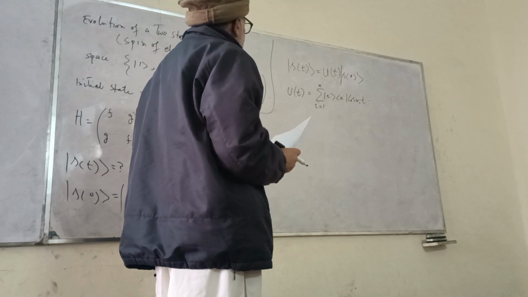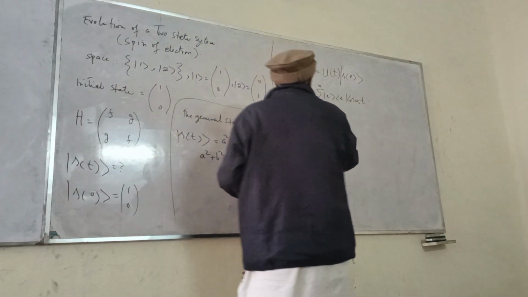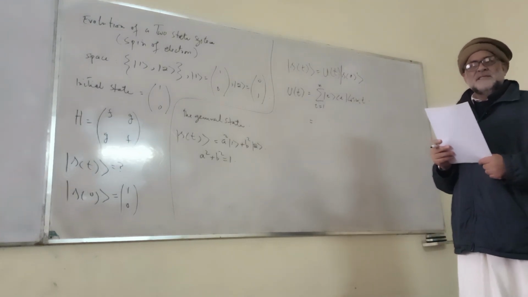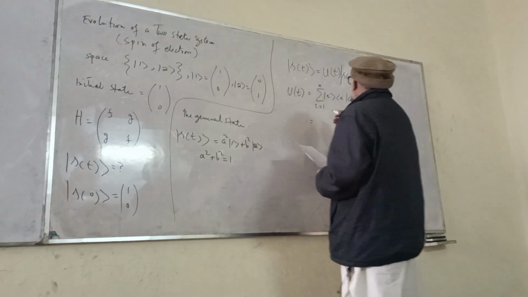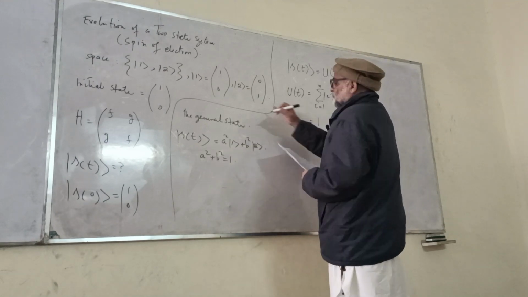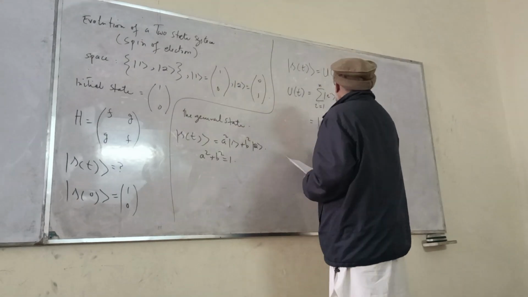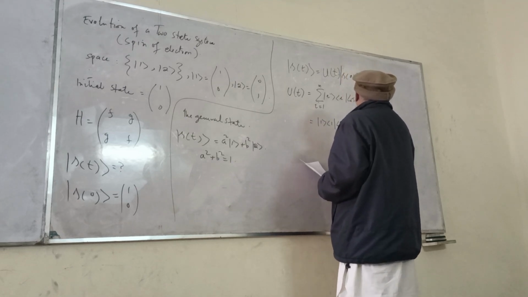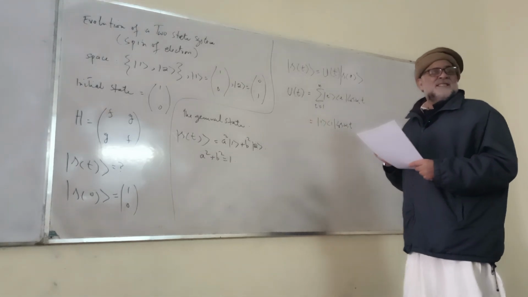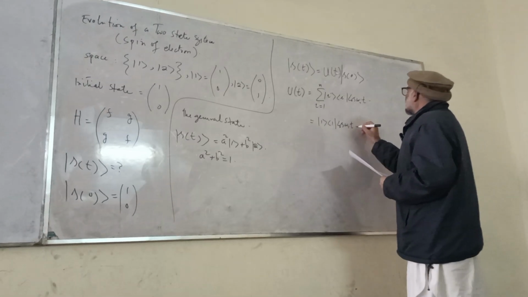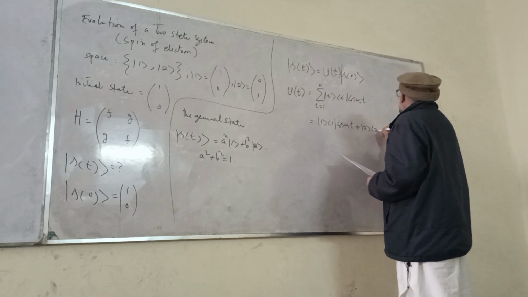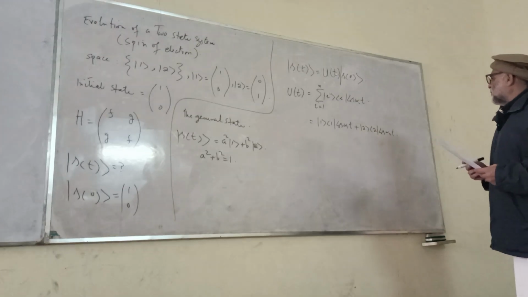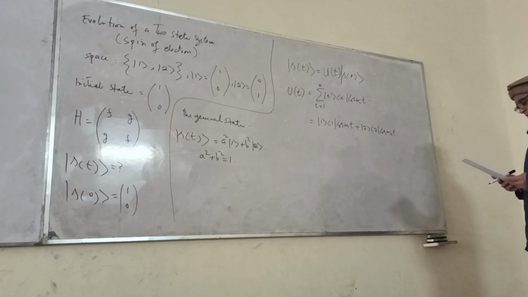So in our case, it is a two-state system, so the propagator could be written as |1⟩⟨1| cos of omega_1 t plus |2⟩⟨2| cos of omega_2 t. That will be our propagator.